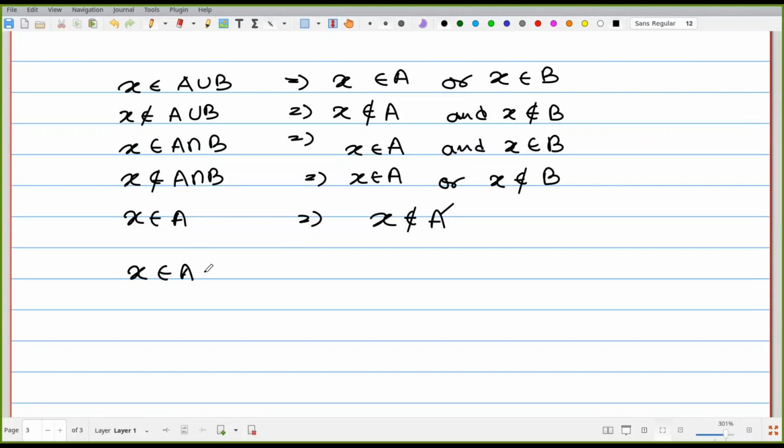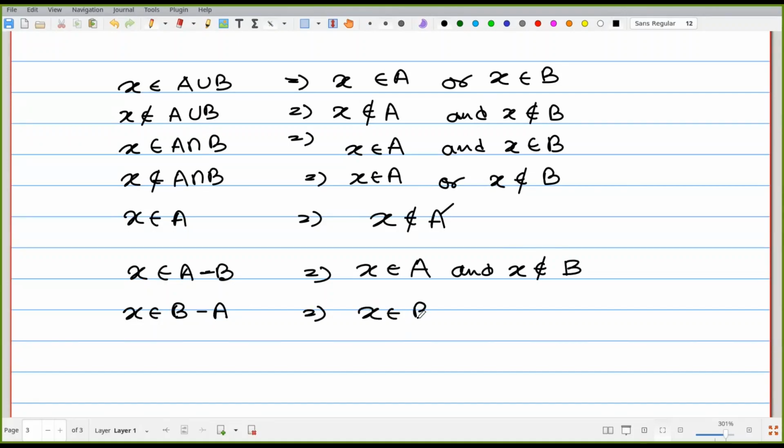X belongs to A minus B, that implies X belongs to A and X not belonging to B. Same as X belonging to B minus A, that means X belongs to B and X not belongs to A. Those are required for our variable method proof.